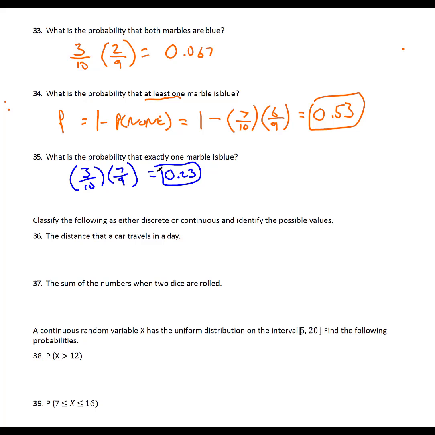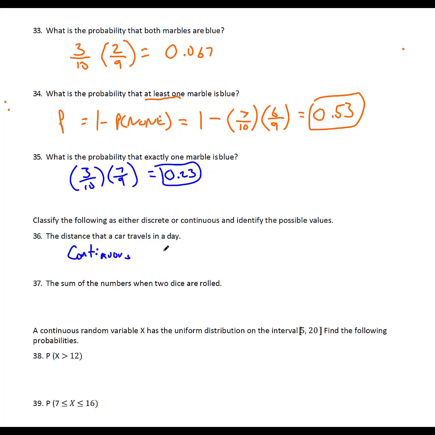Okay, so classify the following as either discrete or continuous and identify the possible values. With that, we're looking at the distance the car travels in a day. Well, you don't just jump from one spot to another in a car, it's pretty continuous, right? It's continuous because the inches, feet, miles continually add up as you're driving.